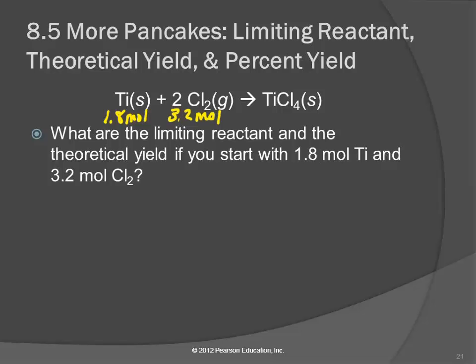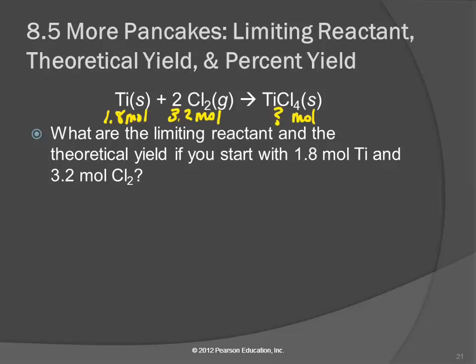So that's what we've got, and then we're trying to figure out this. The theoretical yield, they're not telling us, they should tell us, what unit they want. I happen to have looked ahead, and I know that they want moles.